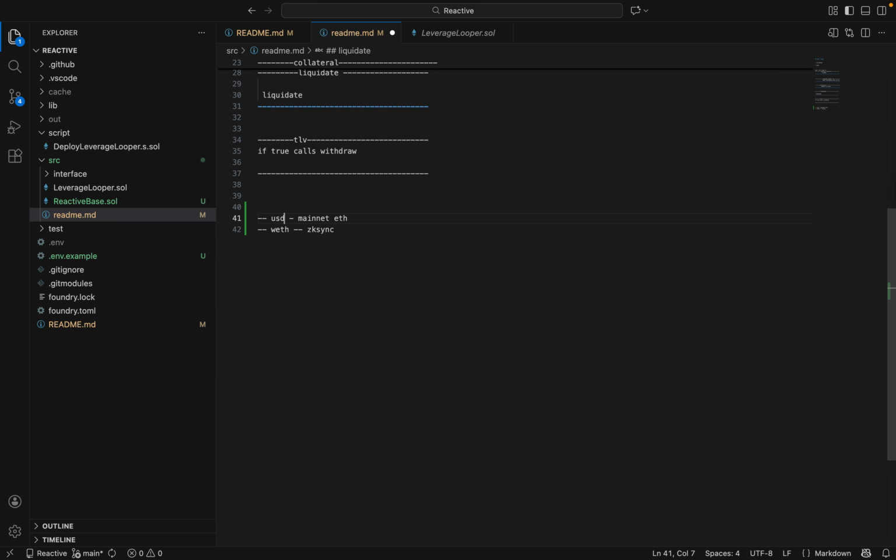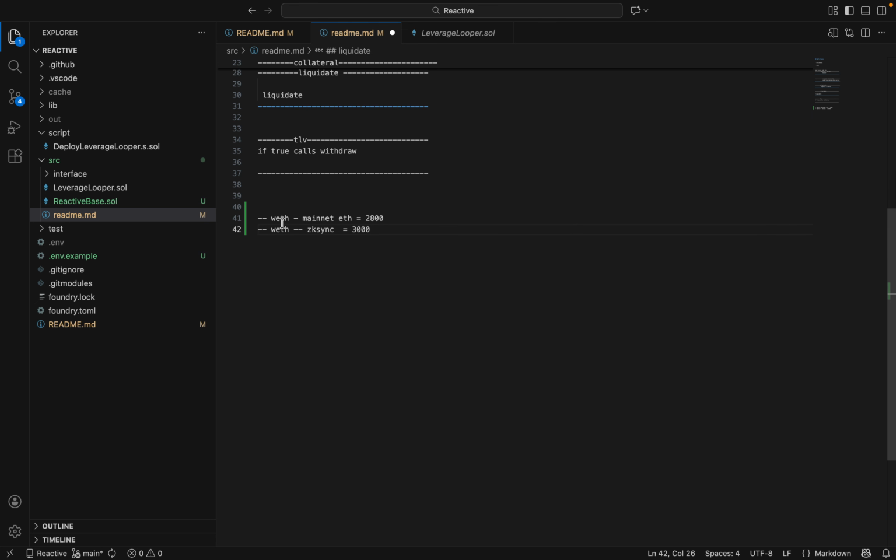We check the prices. Let's say here it's two hundred, and here it's three hundred. What we do is we buy Ethereum where it's lower.